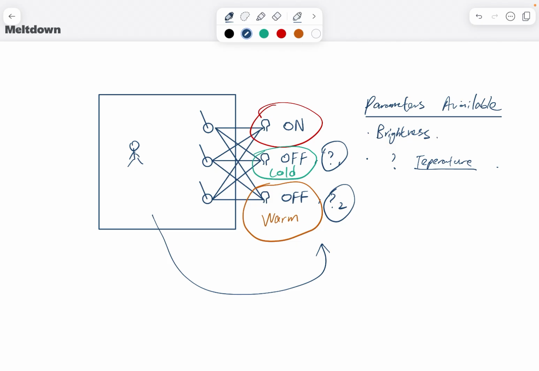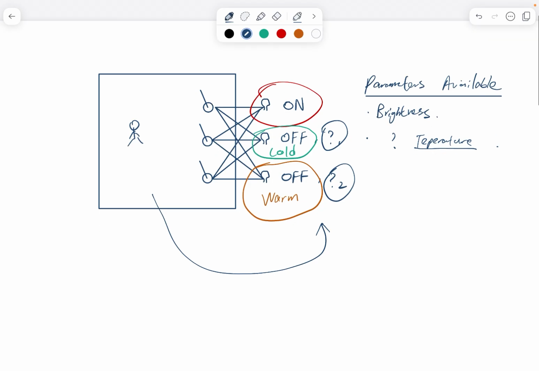you now have two parameters to differentiate the three light bulbs, and this is necessary for you to recognize each of the light bulbs. This is the key to solve this problem.